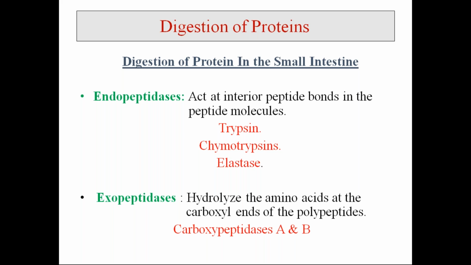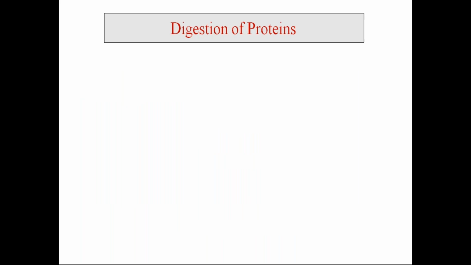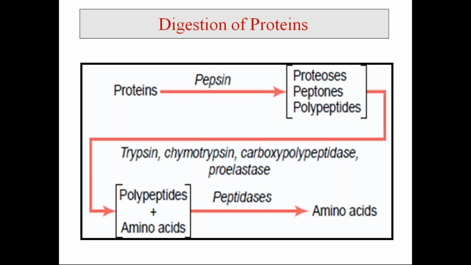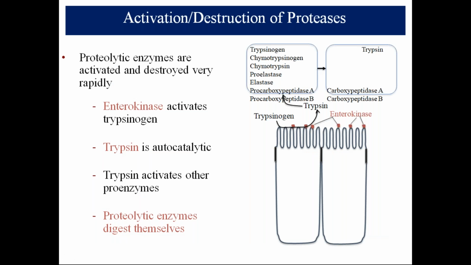Exopeptidases hydrolyze the amino acids at the carboxyl ends, so they are known as exopeptidases. Proteins in the presence of pepsin are digested into proteoses, peptones and polypeptides, and these are further digested into their amino acids in the presence of endo and exopeptidases.